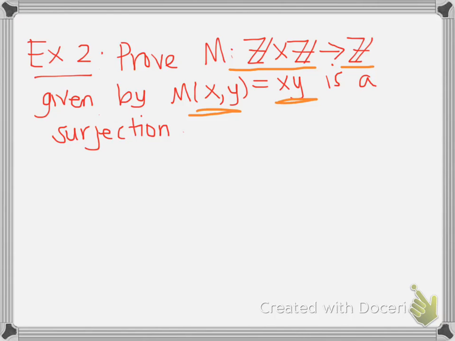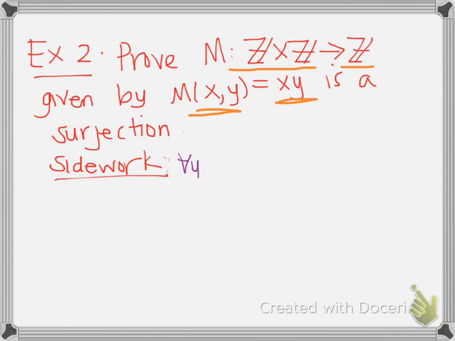Okay. So for this proof, to prove it's a surjection, we start with our side work. And in our side work, I like to just put what I'm trying to prove.